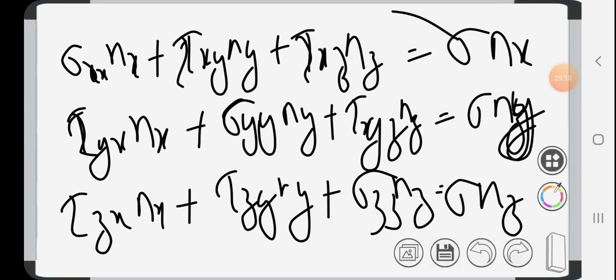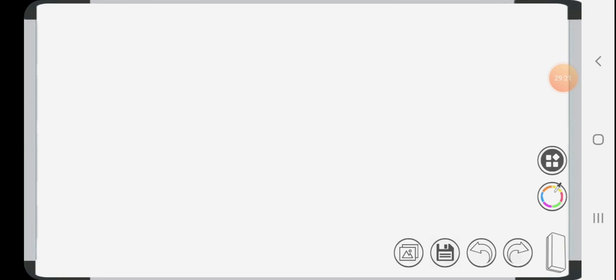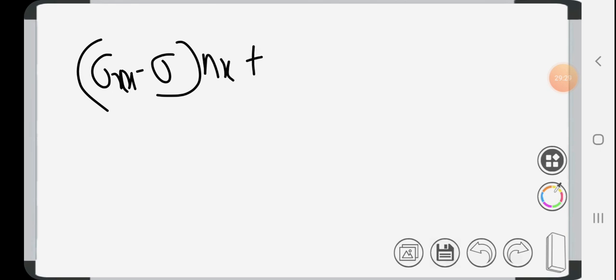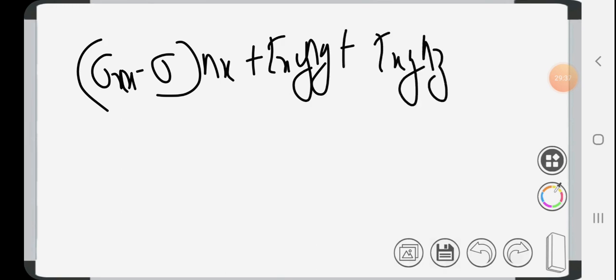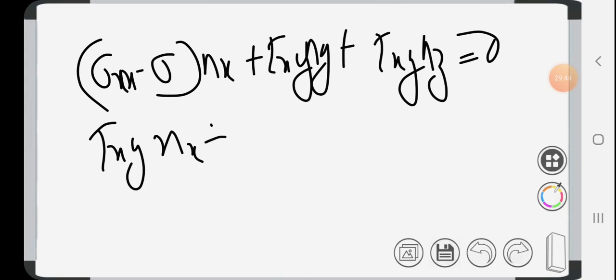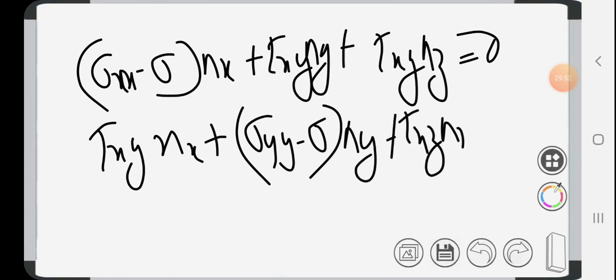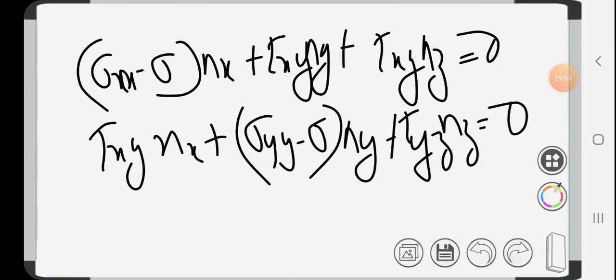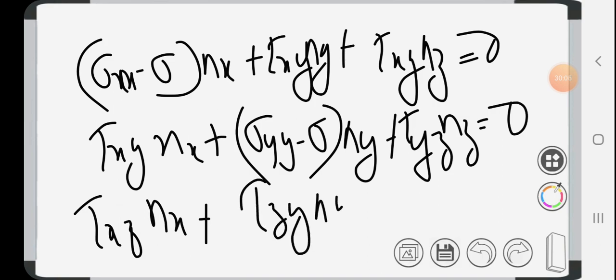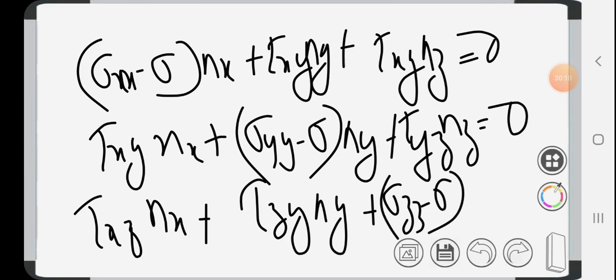Taking all these values to the left hand side, I will get sigma xx minus sigma, times nx, plus tau xy ny plus tau xz nz equal to 0; tau yx nx plus sigma yy minus sigma, times ny, plus tau yz nz equal to 0; tau zx nx plus tau zy ny plus sigma zz minus sigma, times nz, equal to 0.